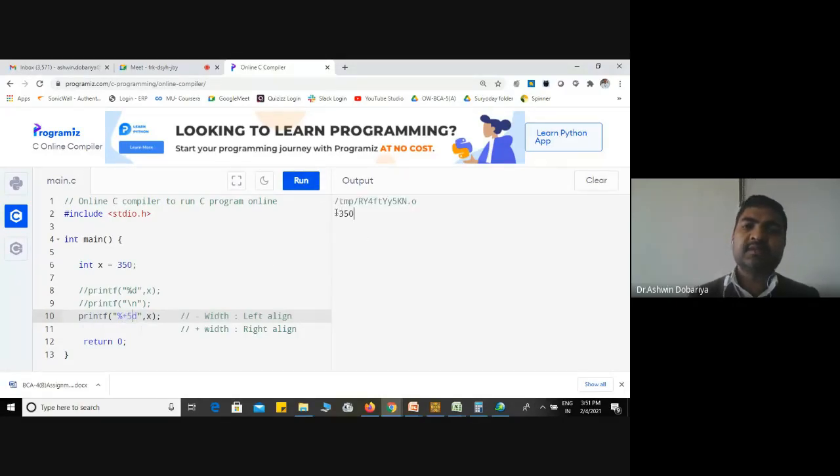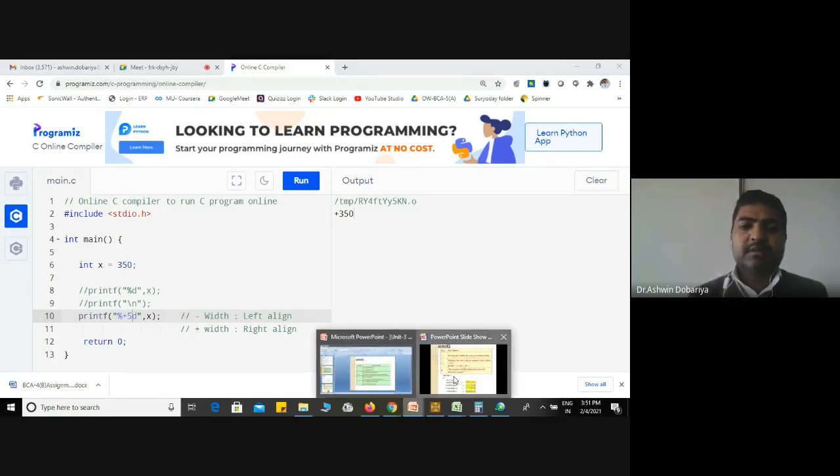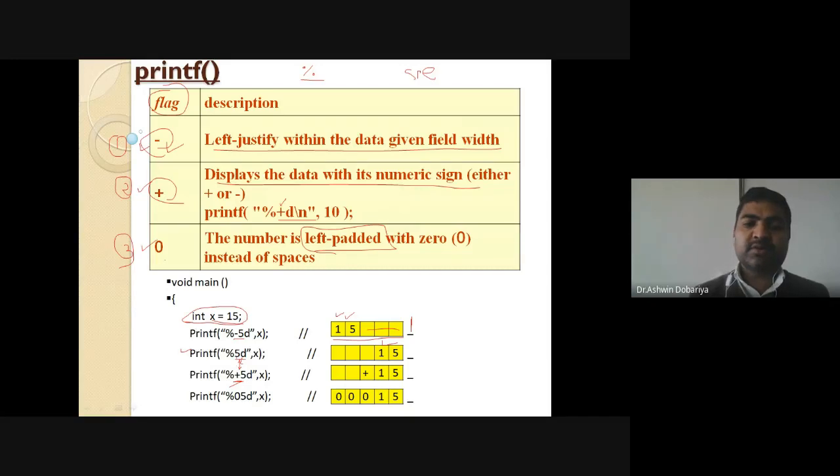It displays plus 350. Generally we are not using plus, mostly we use only the width without plus, because the number itself represents a positive number.